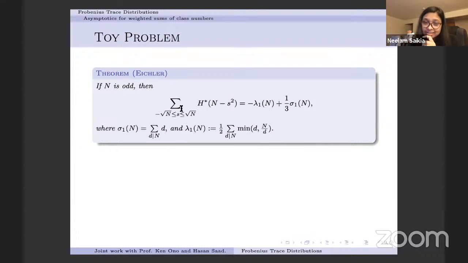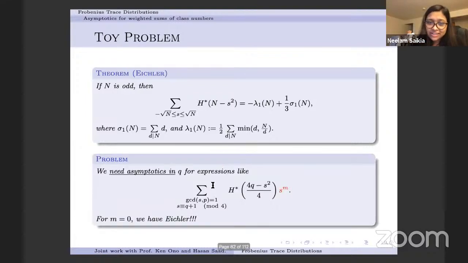So why is this important in our work? Here you can note that if we consider this character sum, ultimately when we have s congruent to q plus 1 mod 4, that means s is even here. If we consider all the traces, the traces are two times s.